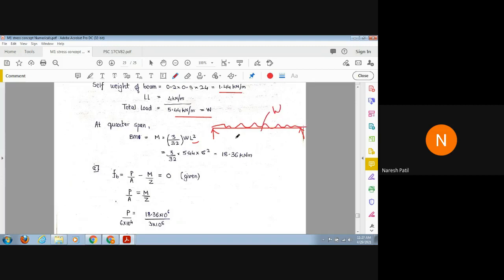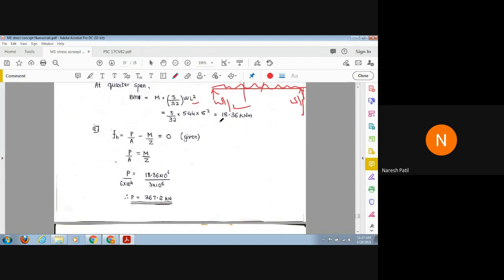So it will be W into L by 2, and multiply with quarter span, you will get the bending moment at quarter span. You people have done this already in your previous semesters, so it is very easy to get the bending moment at quarter span. Here we have got the bending moment at quarter span, it is 18.36 kilonewton meter.